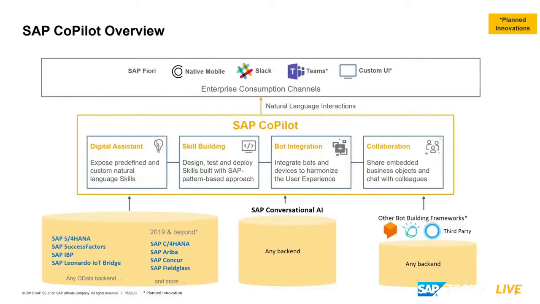What we also have, and this is the focus today now, is the bot integration. So if you want to build a freestyle bot, you can do that and then integrate it into Copilot using SAP Conversational AI. So we bought the company Recast AI a few months ago. That's now called SAP Conversational AI. And going forward, we also want to support you if you've built bots using other frameworks beyond SAP's Conversational AI.